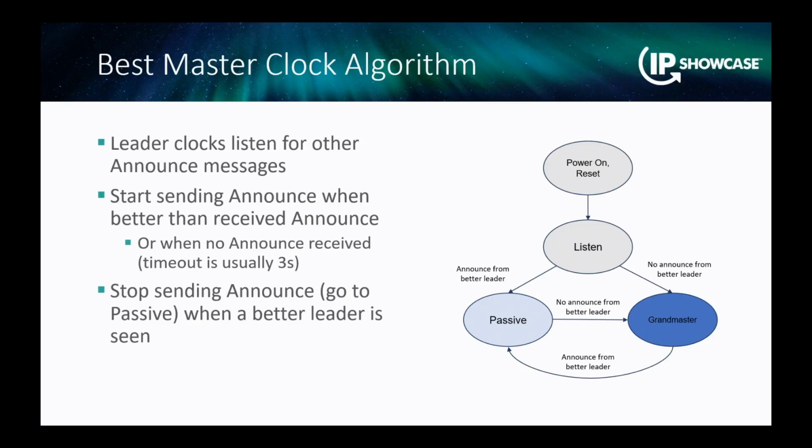It'll start sending its own announce messages. So if each device in our network understands the BMCA, they'll basically be able to see the announce messages coming from one master. The others are just listening. They're in passive mode. And if a new master takes over, you'll start to see announce messages from that device. And that's how we know that we've switched from one GM to the other because of a change in the network.